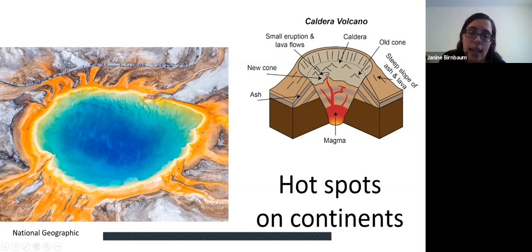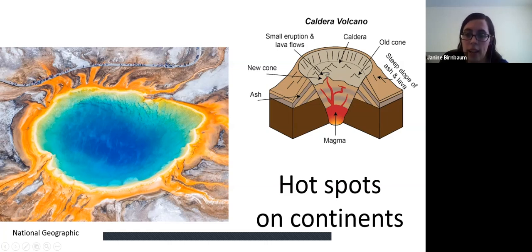And the caldera at Yellowstone is so big that it's hard to recognize that it's a volcano at all. So this is a picture here of Grand Prismatic Hot Spring at Yellowstone, which is just one of many hydrothermal features that occur inside the caldera. And again, it's host to a lot of organisms that have special adaptations to be able to live in these hot waters.